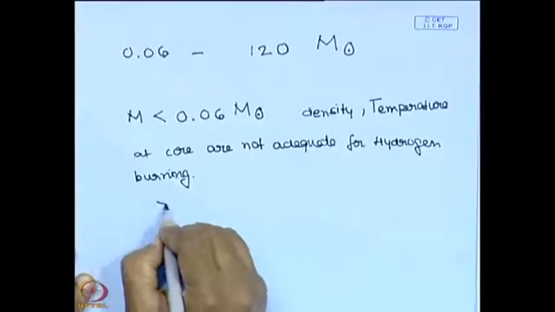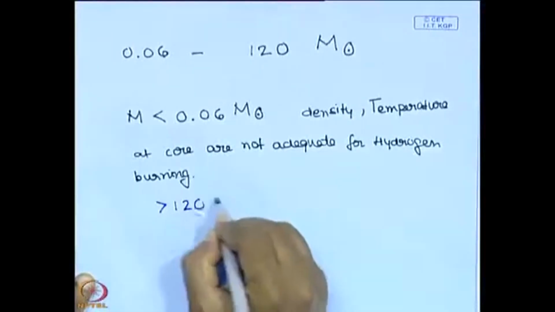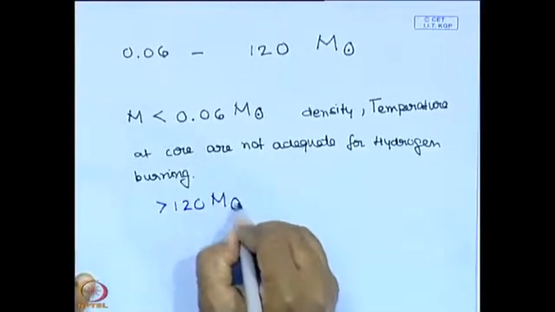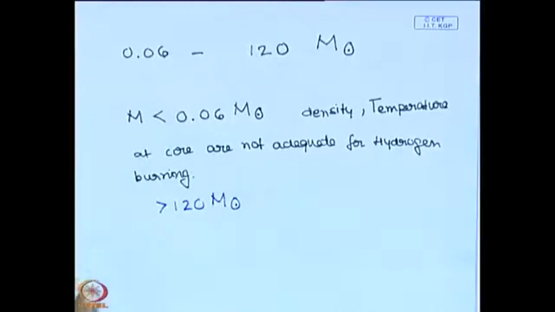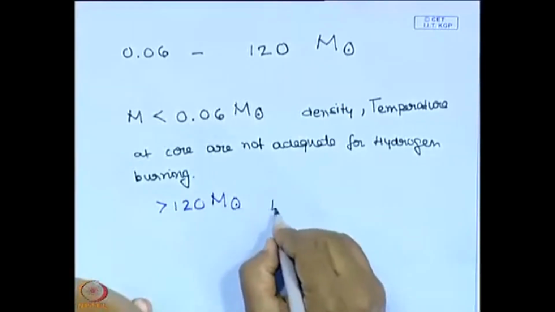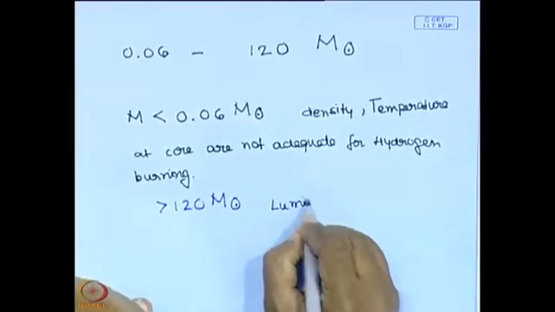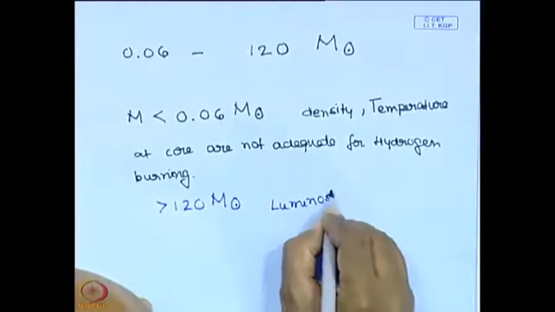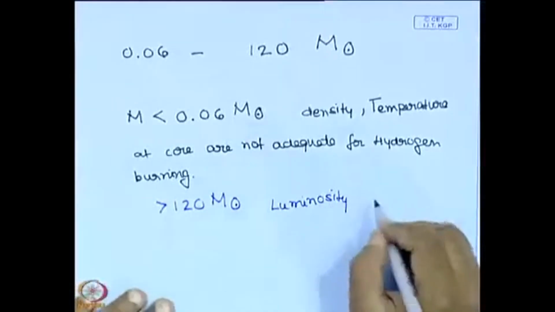If you have a mass which is greater than 120 times the solar mass, then what happens is that the luminosity exceeds the Eddington luminosity.